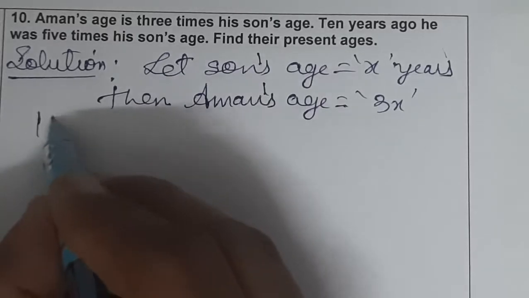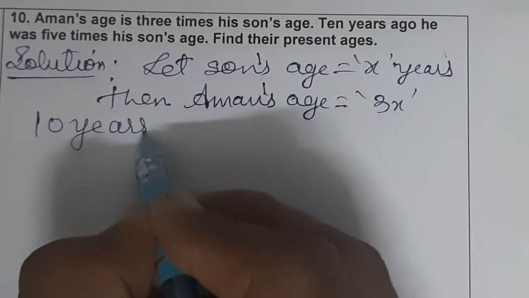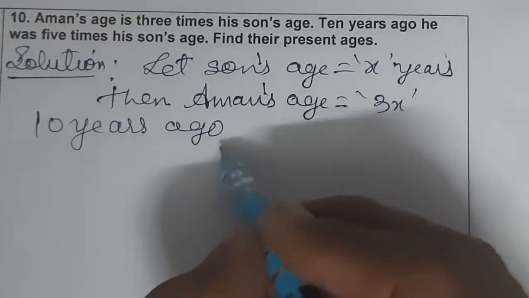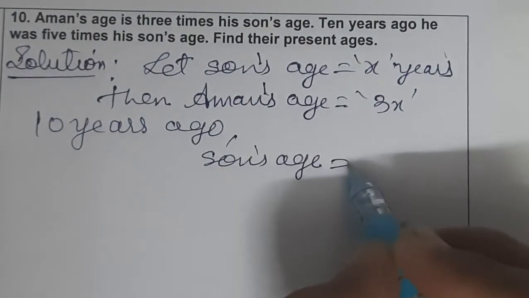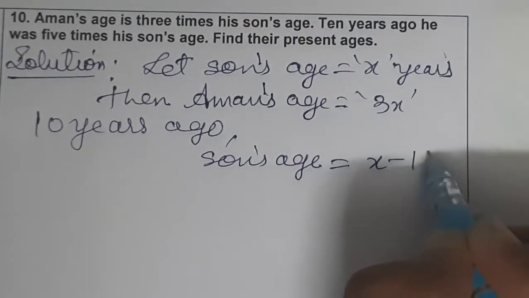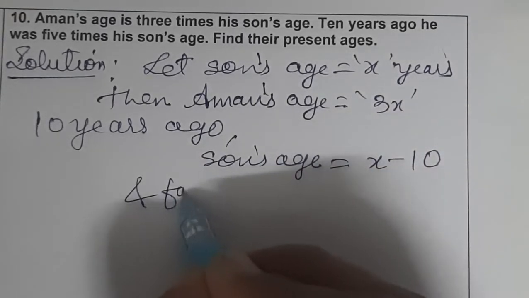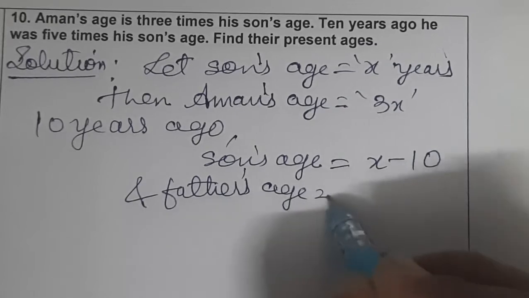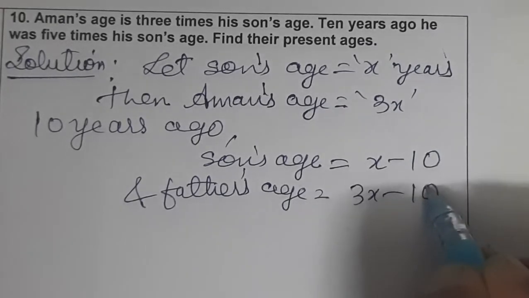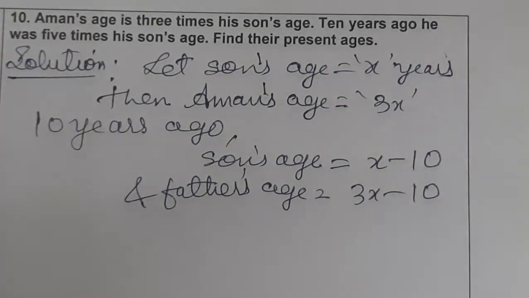So 10 years ago, let's find 10 years ago. Son's age, 10 years younger. So x minus 10. And father also. And 10 years ago, father's age was 3x minus 10. We have to subtract 10 from both son's age and father's age 10 years before, because we need to find the age 10 years before.